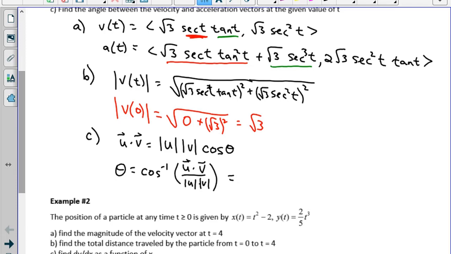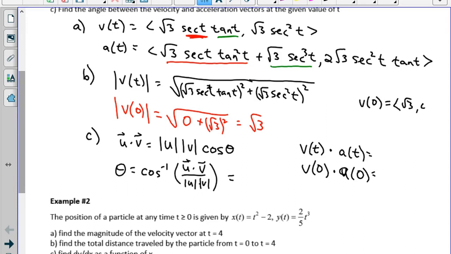So if we take a look at u dot v, in this case, u and v are the velocity and acceleration vectors, because that's what the question is asking for. So that basically means we need to do v of t dot a of t. I'm not actually going to do that because that's a lot of writing, but I will do v dot a evaluated at 0. So if we have v of 0, that's root 3, 0.